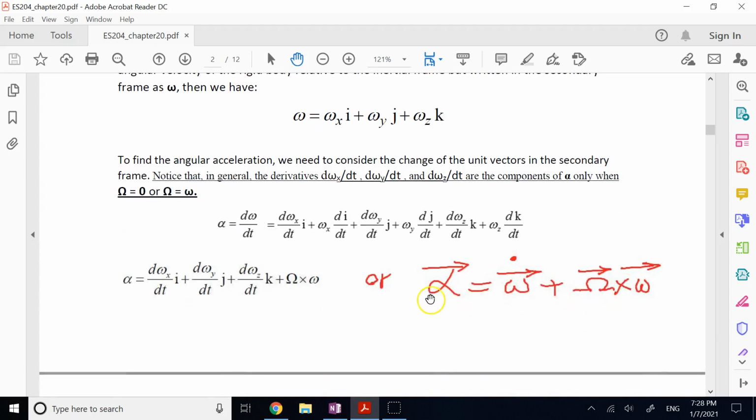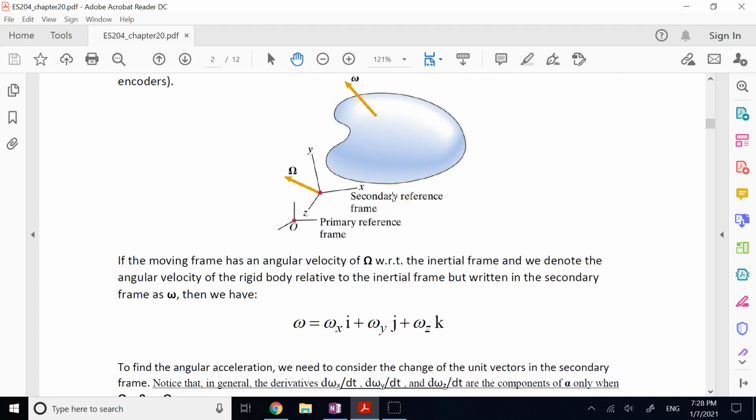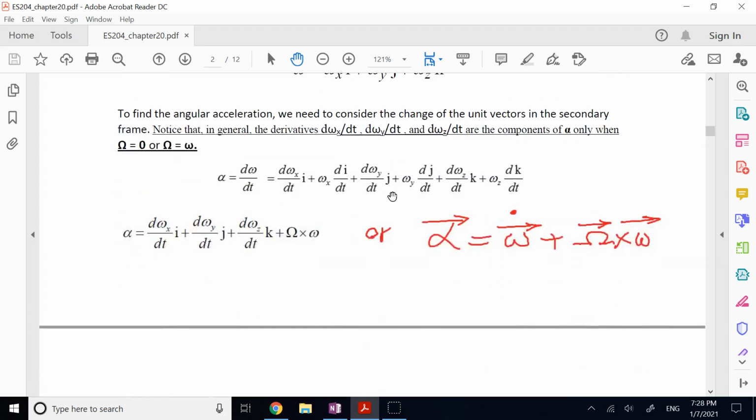So you get this formula, where this omega dot term is the change in magnitude of these omegas. This is due to rotation of the reference frame, which is the secondary frame here. Okay, so this is this formula written in a vector format for you.